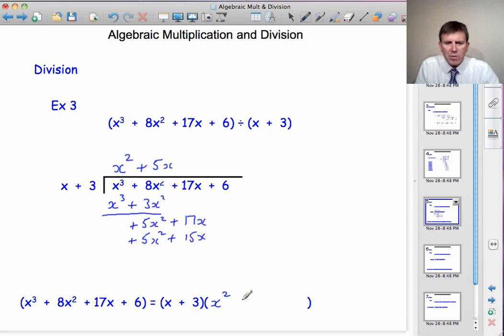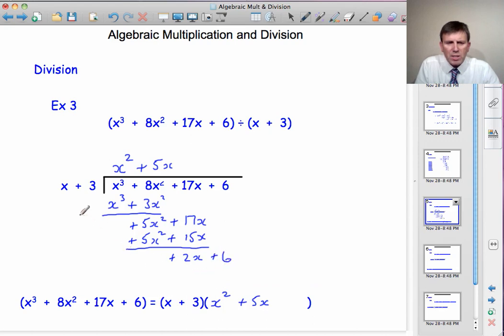And you can see that if I write the next part of the answer in here, that 5x will get multiplied by the x, but also by the plus 3. Subtract to see what's left. The x squareds disappear this time, and I've got 17x take away 15x is plus 2x. Bring down the last term.